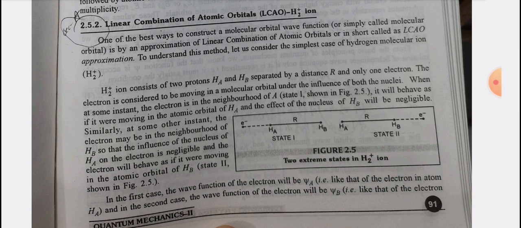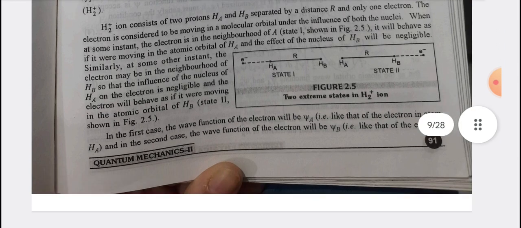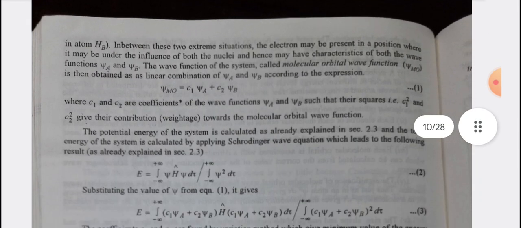In the first case, the wave function of the electron will be psi A, that is like that of the electron in an atom HA, and in the second case the wave function of the electron will be psi B, that is like the electron in the atom HB.